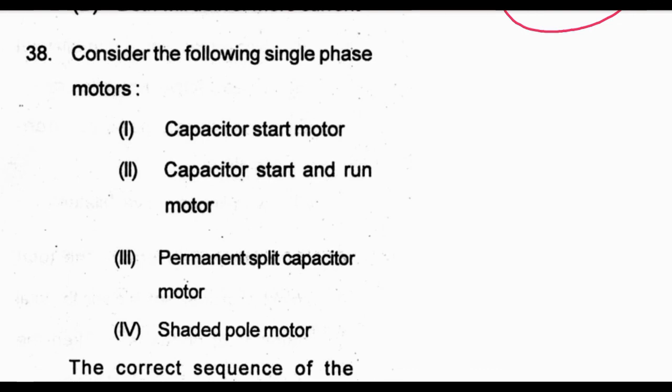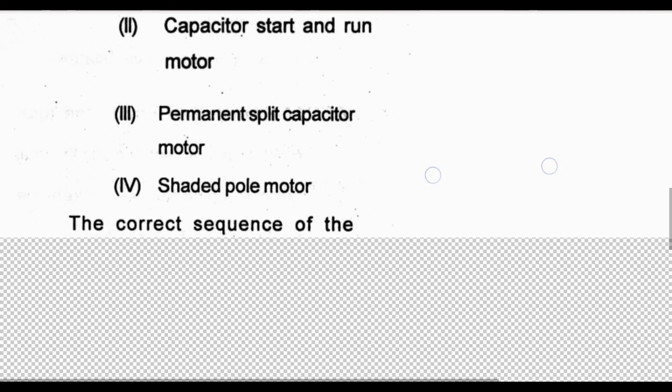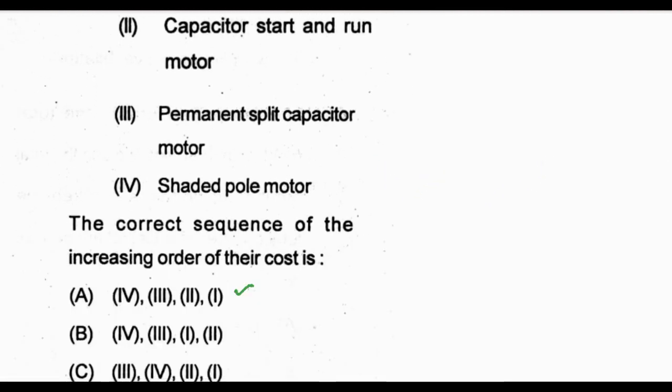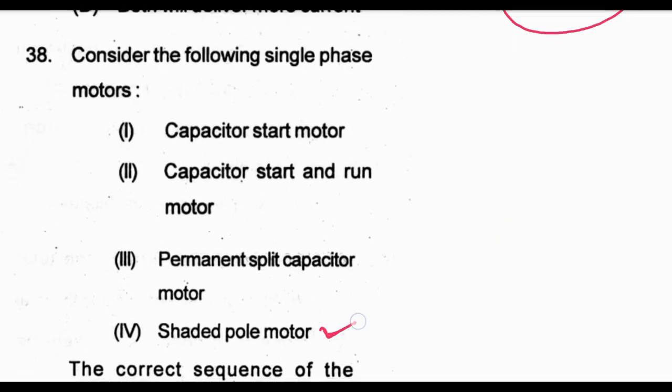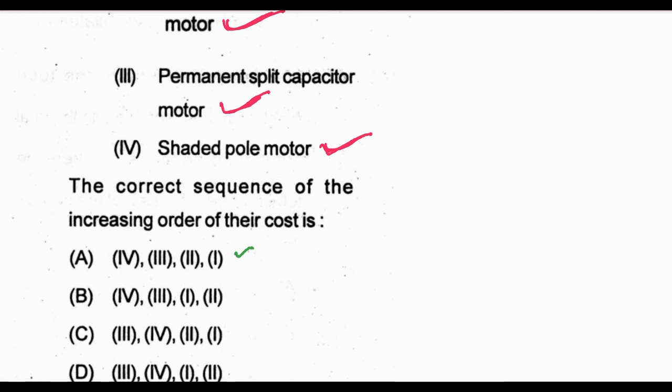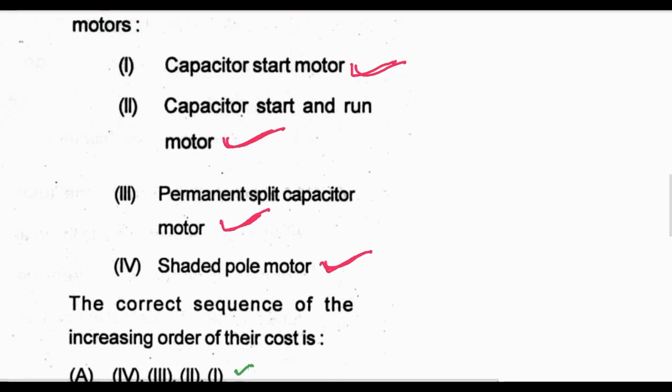Next question is: consider the following single phase motors: capacitor start motor, capacitor start and run motor, permanent split capacitor motor, shaded pole motor. The correct sequence of the increasing order of their cost. Sorry, the cheapest is the shaded pole motor, because in this case no capacitor is used.